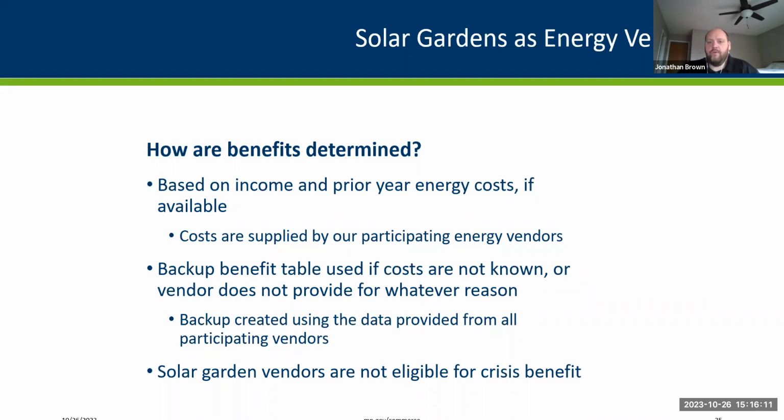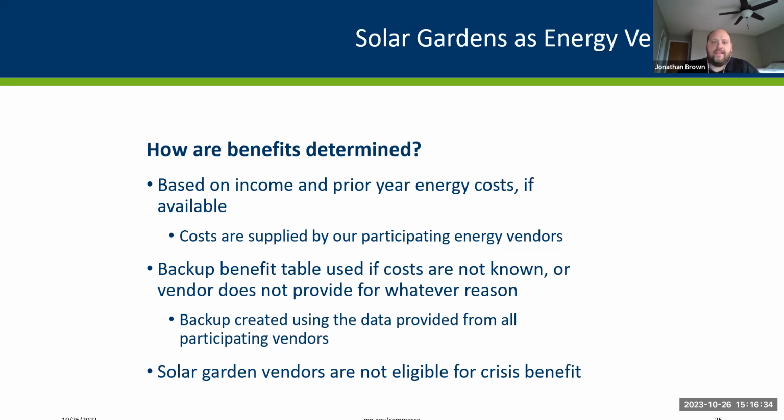So they give us 12 months of consumption over the last year. We give them like a 16-month window, and from that we determine their benefit. And so that primary grant that we give them is based on those costs. And of course, if someone's participating in solar and seeing a lower electric cost and we don't have that piece of the puzzle, they could be harmed.